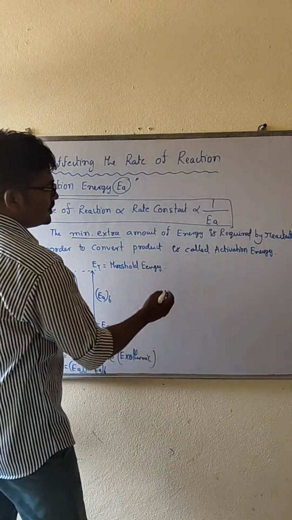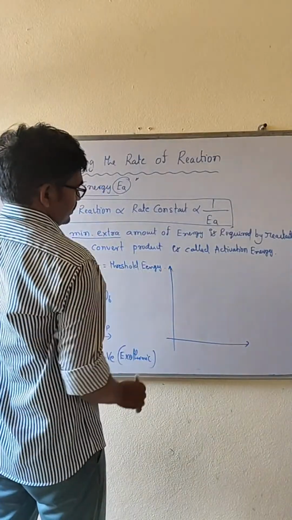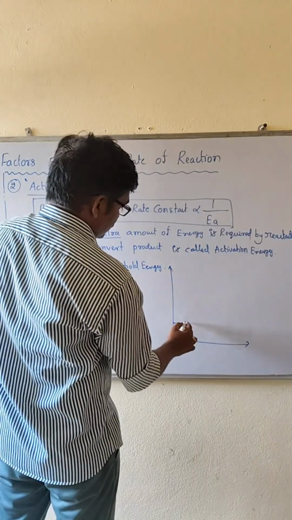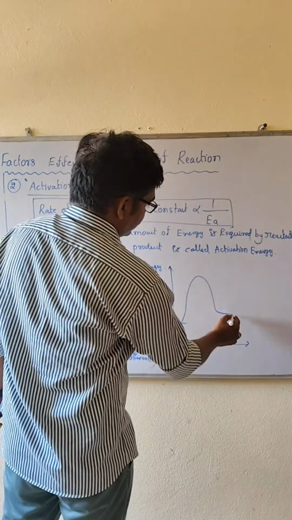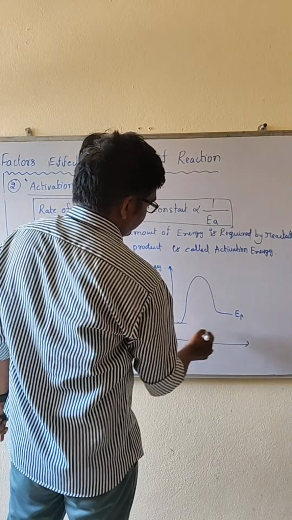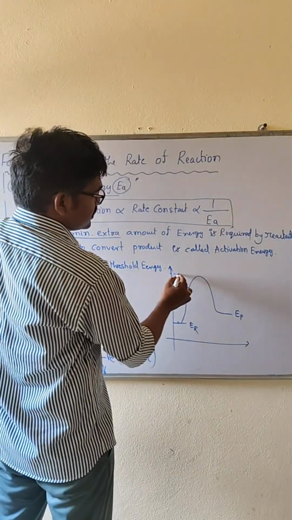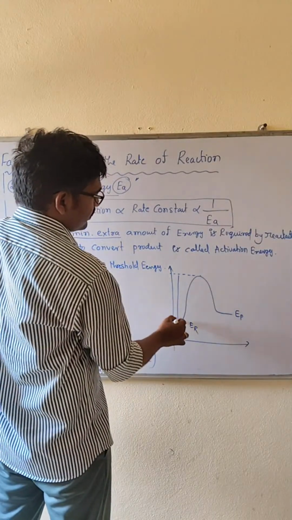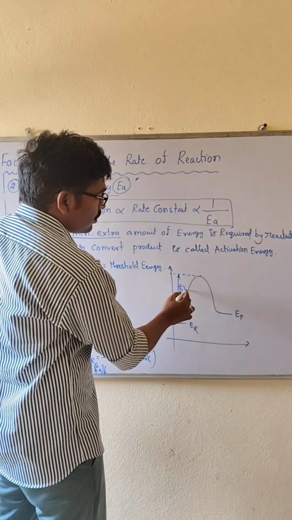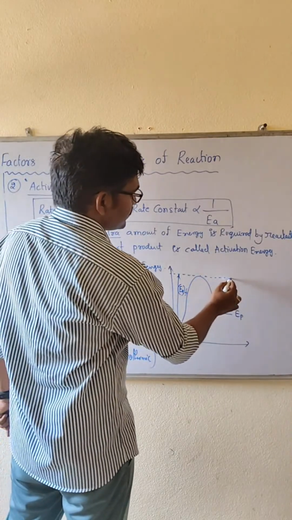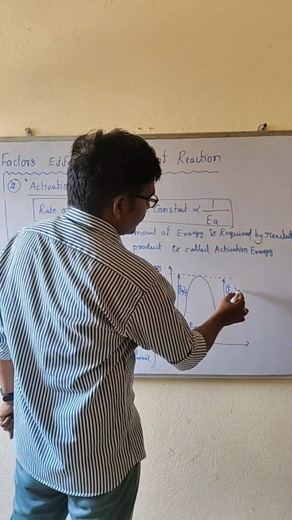Look at this, my dear students, for endothermic reactions, the reactants have some energy, and these are the energy of products, these are the energy of reactants. This is the activation energy of the forward reaction, this is the activation energy of the backward reaction.